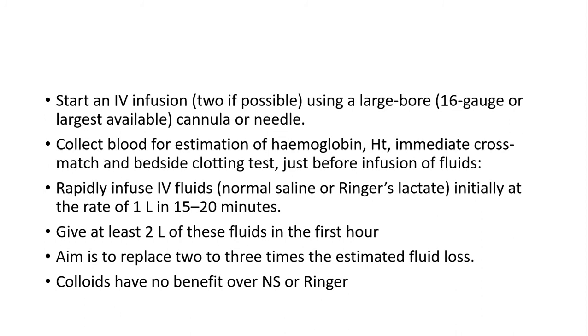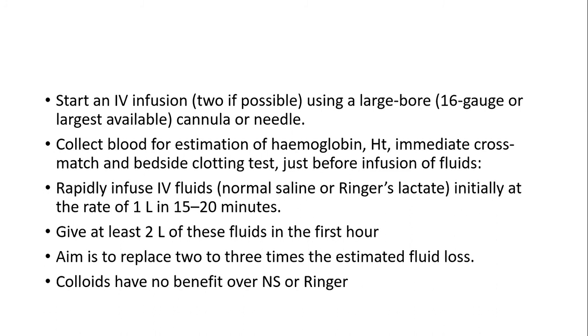Start an IV infusion. Usually 2 lines are necessary, with large bore cannula or needles. Collect blood for estimation of hemoglobin, cross-matching, and clotting factors. Rapidly infuse IV fluids, normal saline or ringer lactate.